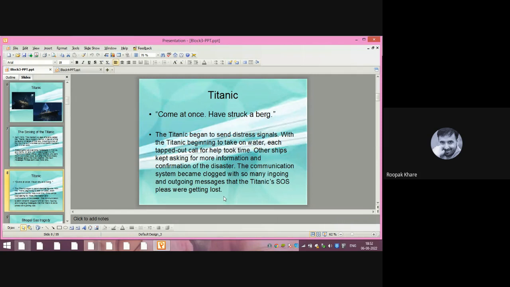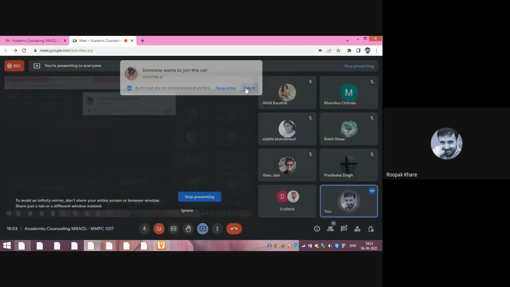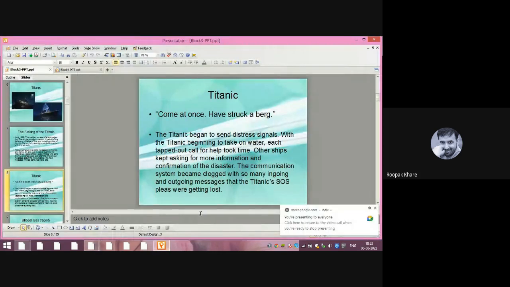These days, often on days when something big happens, you experience a congestion in your networks. A similar kind of congestion struck. The communication system became clogged with so many ingoing and outgoing messages that Titanic's SOS pleas were getting lost. So they were requesting, but their requests were getting lost.